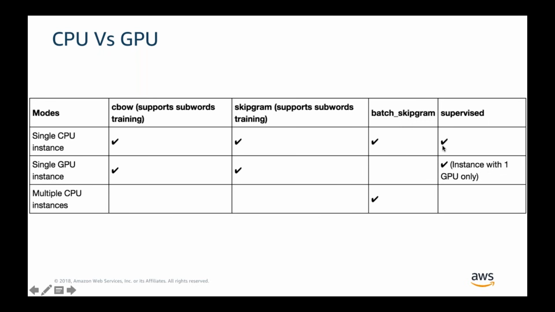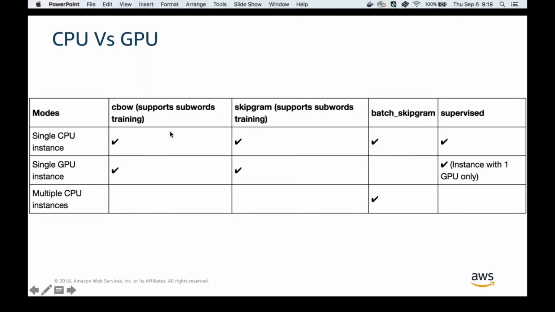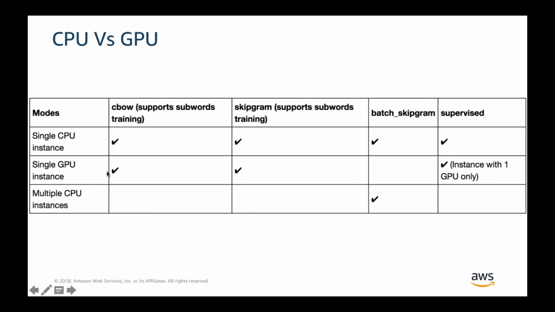Supervised learning is what we saw as the text classification problem, right? There is also a single GPU instance. You may want to check to see if your combination of parameters can use this GPU, right? Notice that for multiple GPU instances, it works only for batch skipgram.